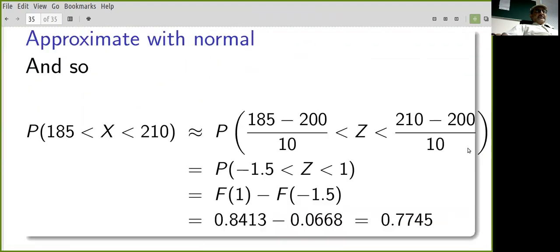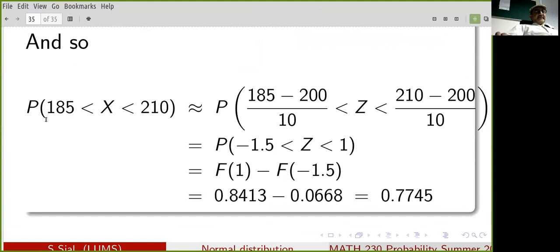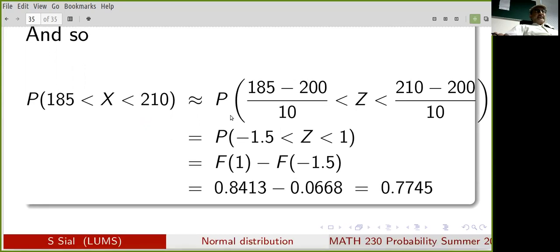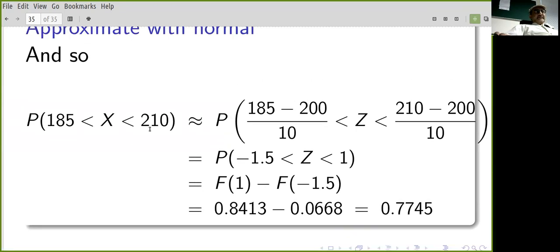So the probability that X is between 185 and 210 is approximately equal to, we're approximately using the normal random variable. So that's 185 less than X less than 210. So you take 185, subtract off the expectation, divide by the standard deviation.